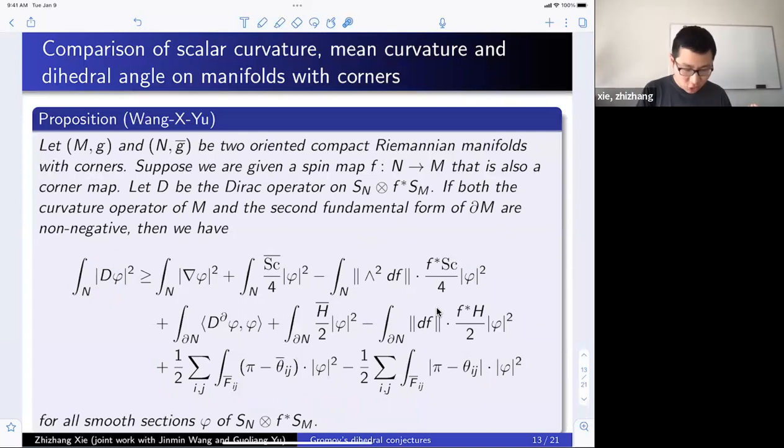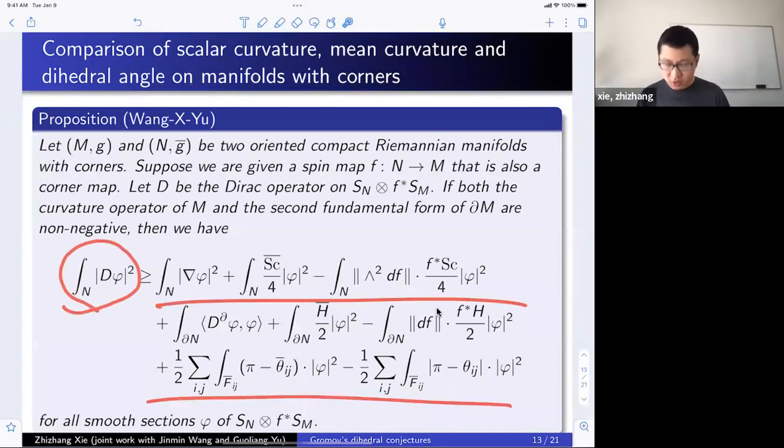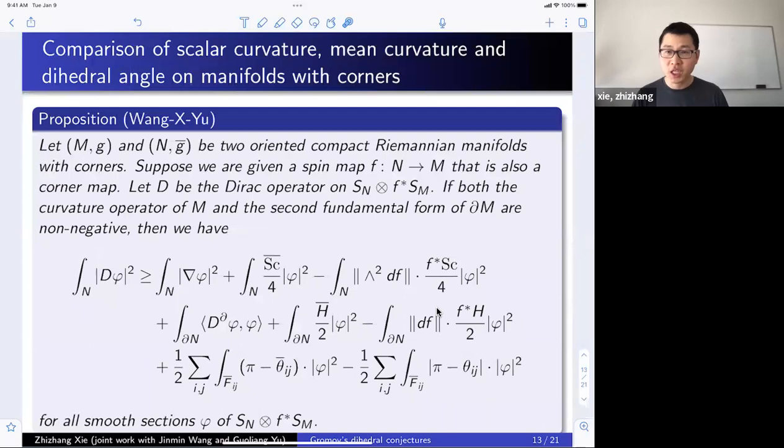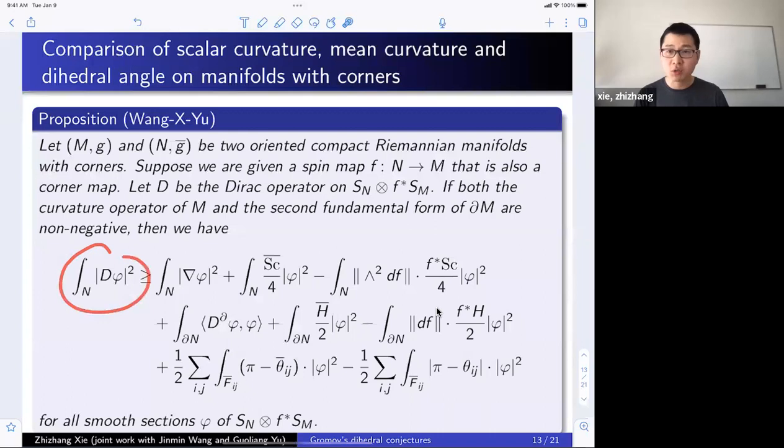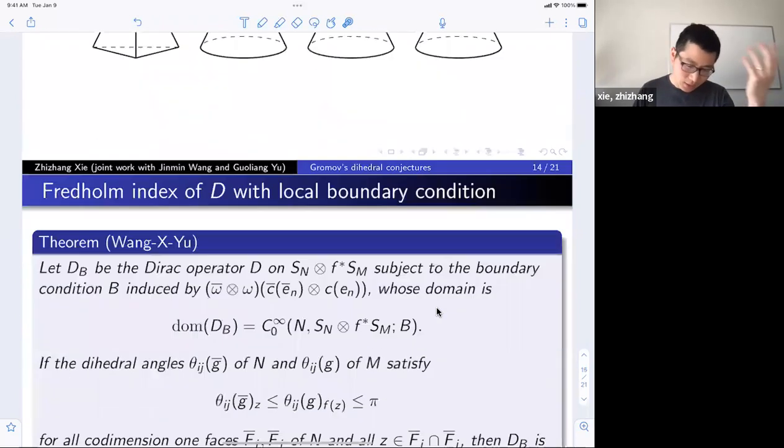Then you would have a section phi in the kernel, and the right-hand side will be 0. If you go through the assumptions of the theorem, all these other terms are non-negative, so if this term is 0, then you're done, because everything has to be 0. So the next ingredient we really need is to find some self-adjoint extension of D that has non-zero index.